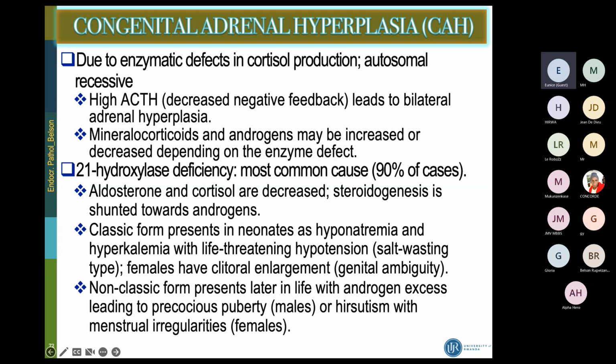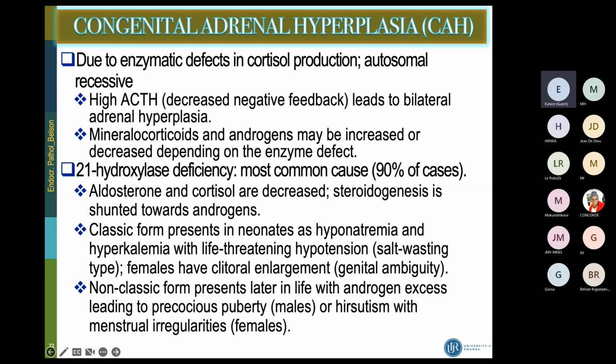And the classic form presents in neonates, of course, is congenital. Umwana akivuka uzahita agaragaza ibimenyetso hyponatremia, hyperkalemia, and life threatening hypotension. Salt wasting type. Salt wasting, salt ni ukubera ko azaba afite sodium nkeya.